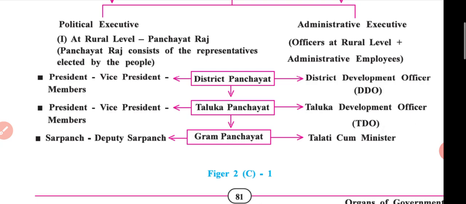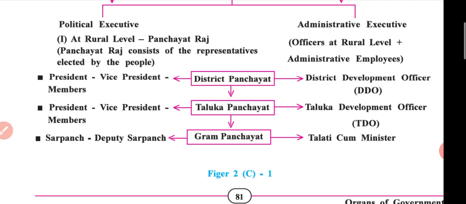At the rural level, Panchayati Raj consists of representatives elected by the people: president, members and vice president at district panchayat, then president and vice president at taluka panchayat, and sarpanch and deputy sarpanch. Then, if we talk about the administrative executive, at that level there are officers at rural level plus administrative employees.